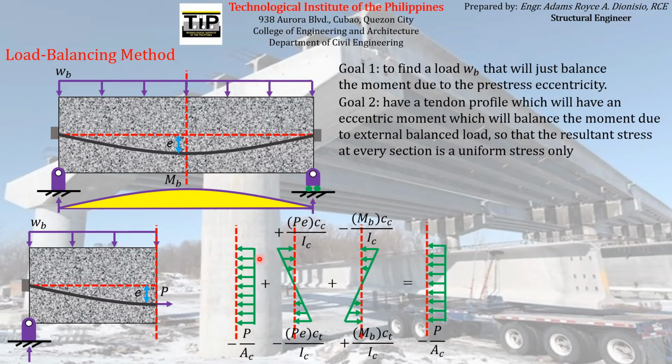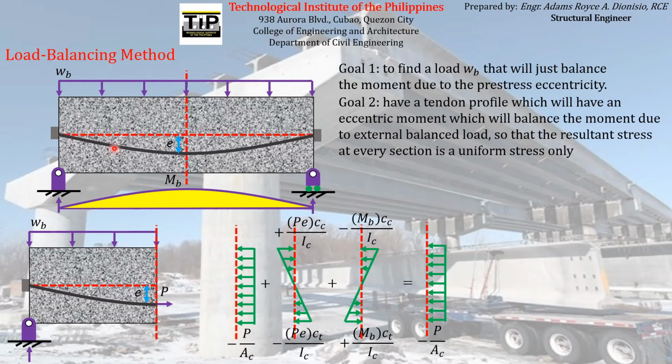So in that way, we can assure that the total stresses acting at every section will just look like this, because we all know that the total stresses acting at every section is just the sum of the axial stress coming from the pre-stressing force itself and the flexural stresses due to the eccentricity of the pre-stress force plus the flexural stresses induced by the balance load.